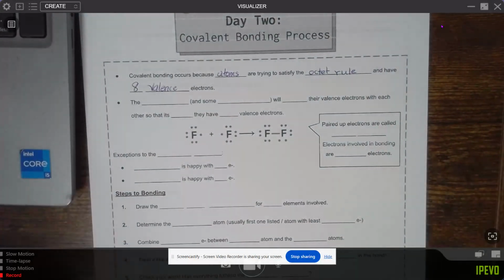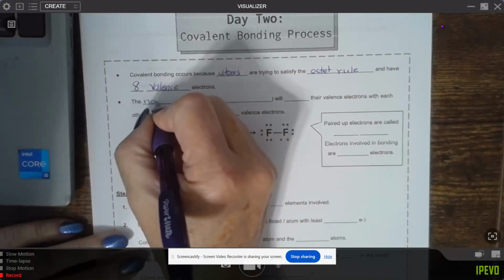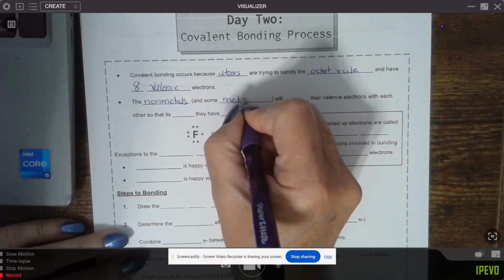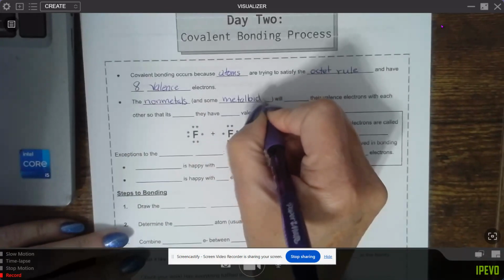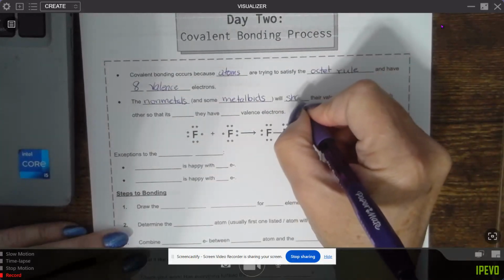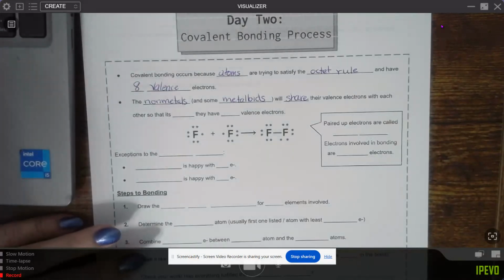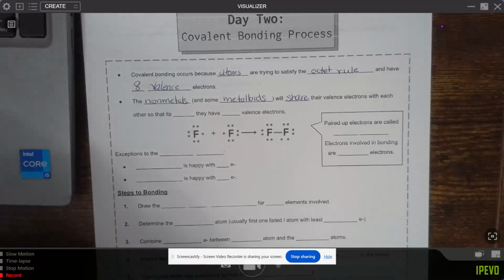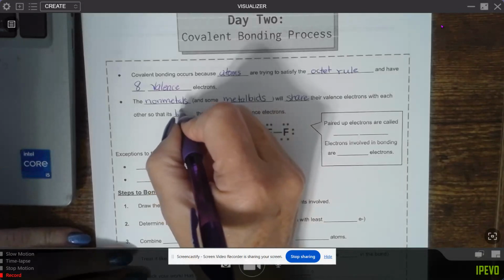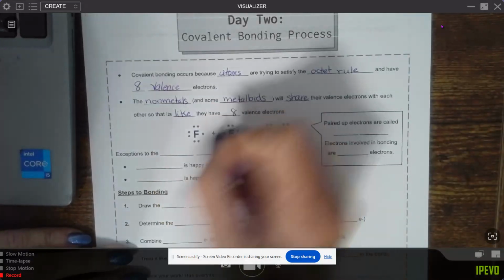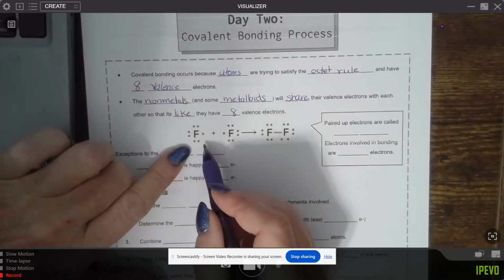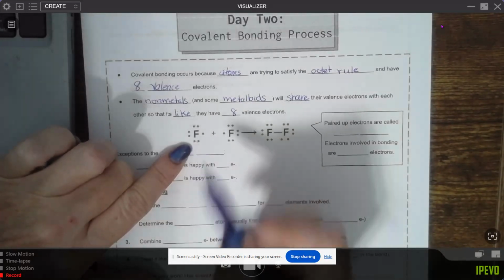Okay, the nonmetals and sometimes the metalloids are going to share their valence electrons with each other so that it's like they have 8 valence electrons. Okay, so if you think about fluorine, it is in group 17. Fluorine has 7 valence electrons.